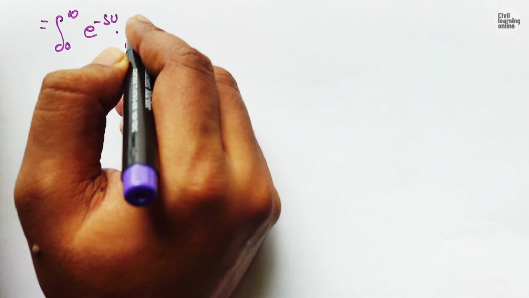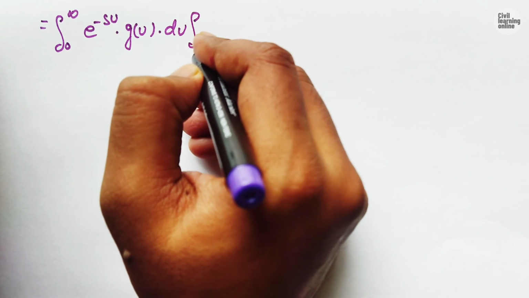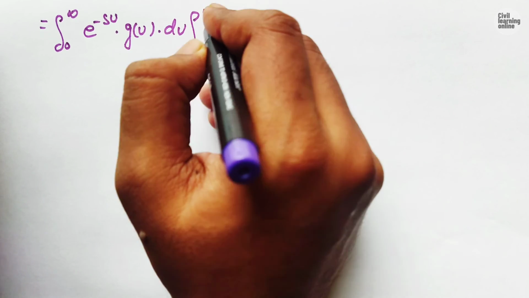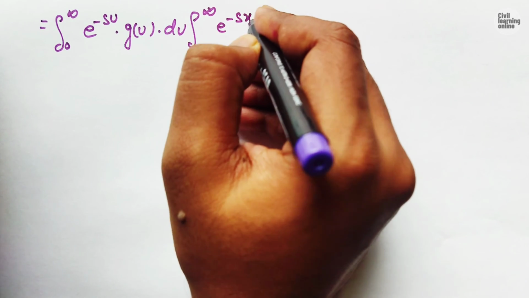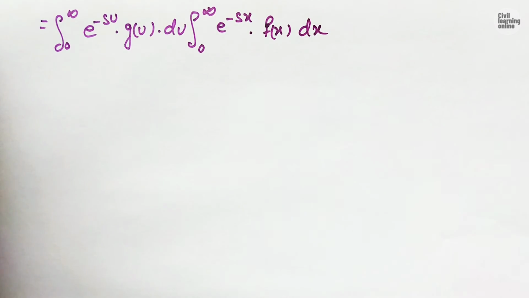Let's separate the terms containing u and x at one place. From the previous equation we have e to the power minus s u times g u times du, and the other expression for x is integration 0 to infinity e to the power minus s x times f x dx.